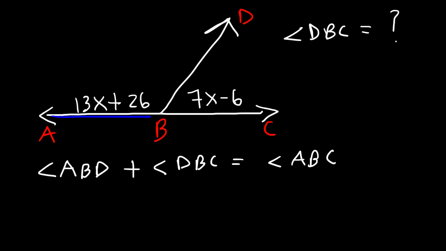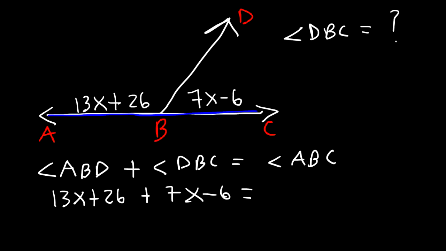This is ABD, and its angle is 13x plus 26. Angle DBC is 7x minus 6. Those two have to add up to ABC, which is a straight line, and the angle of a straight line is always 180. So therefore, these two angles are supplementary since they add up to 180.